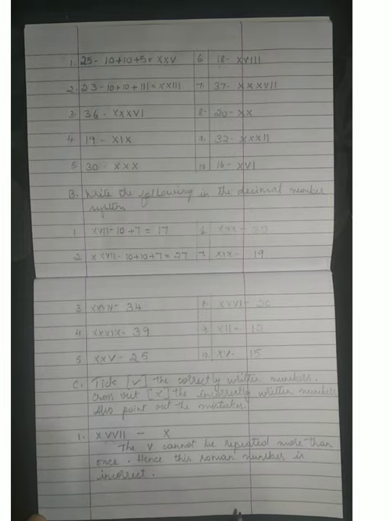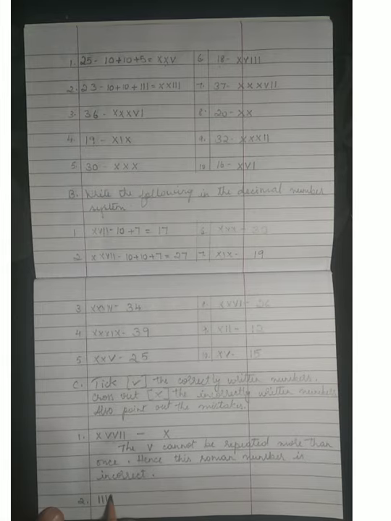Okay. So the second one, IIII. Is this correct, children? Again, this is wrong. So we put a cross out mark.